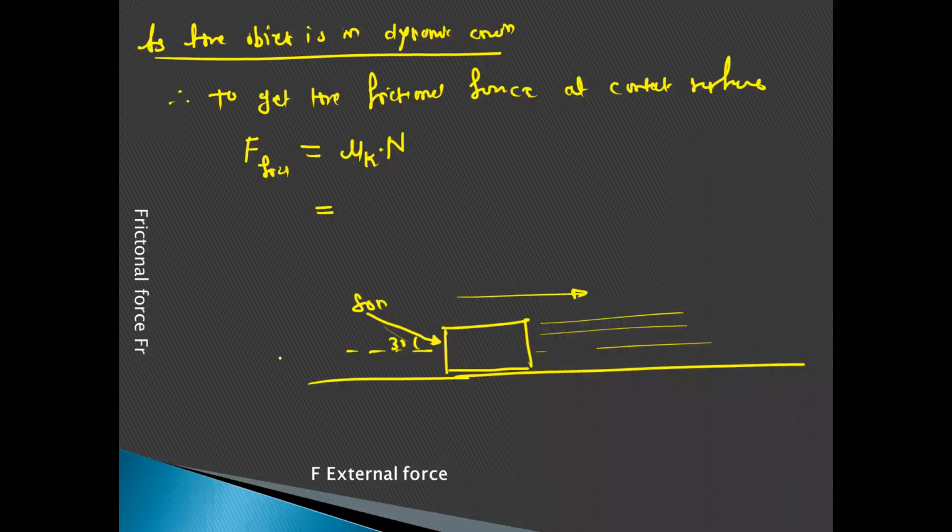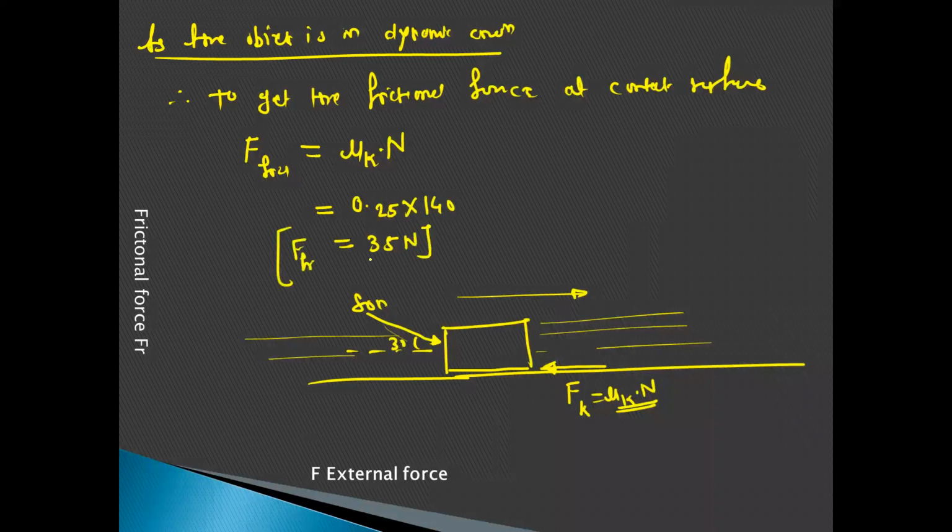So at this point the frictional force will not be the maximum frictional force; it becomes Fk, equal to mu k into normal reaction. The coefficient of kinetic friction is given as 0.25, and the normal reaction is 140, so this becomes 35 Newton. This is the frictional force when the applied force is 80 Newton.